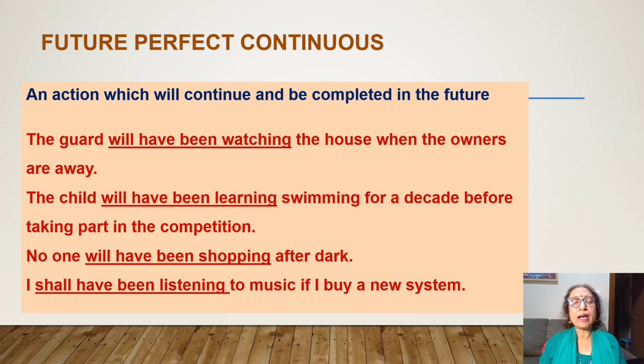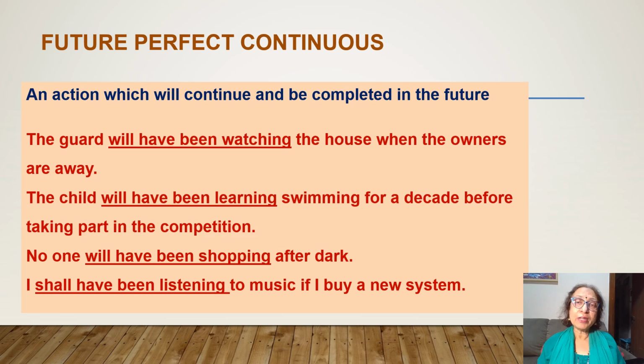The child will have been learning swimming for a decade before taking part in the competition. Now we can say that the child will learn, simple future, or the child is learning, future continuous, or the child has learned, will have learned, future perfect, and now we have future perfect continuous.